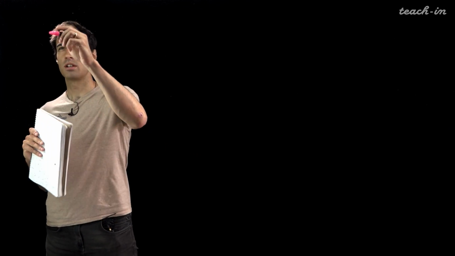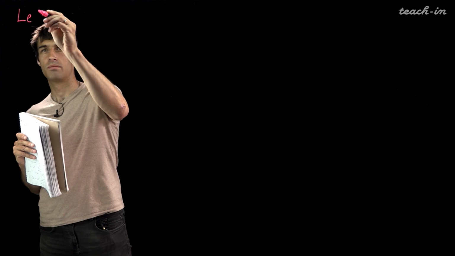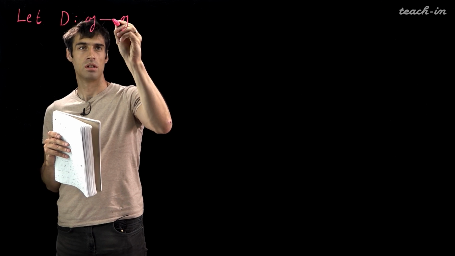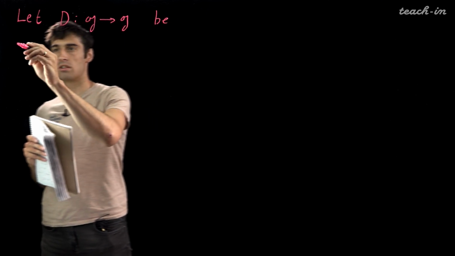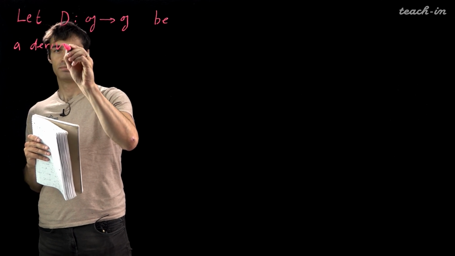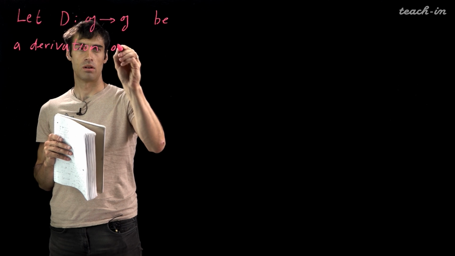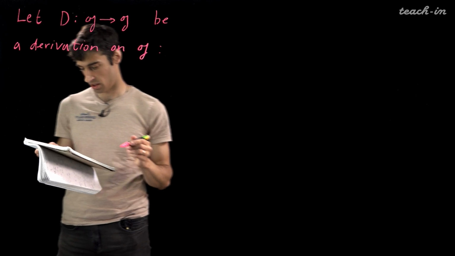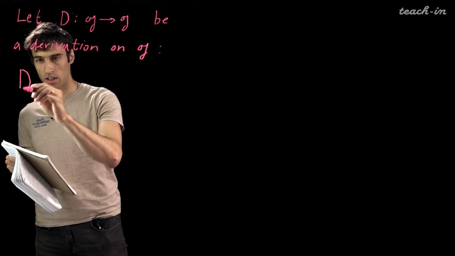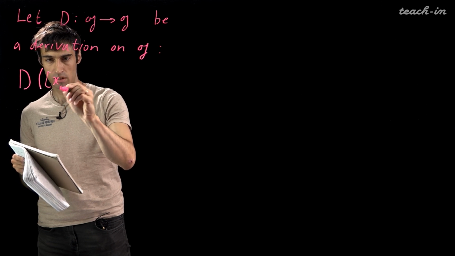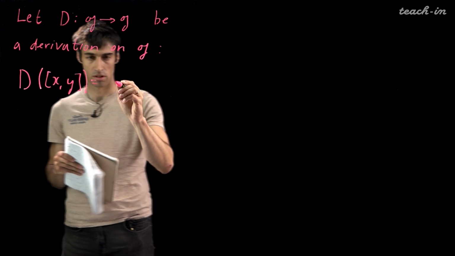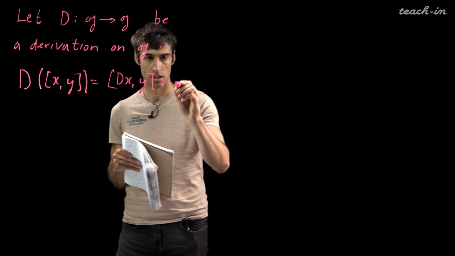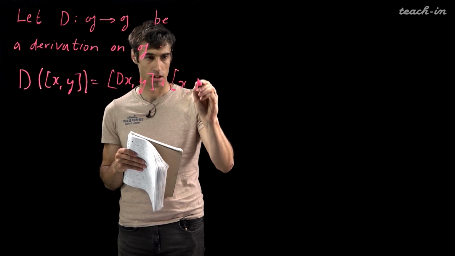So let us fix some derivation on G. So let D, a linear map from G to G, be a derivation on G. It means that it acts on a commutator by the Leibniz rule: D of the commutator of x and y is dx commutator with y plus x commutator with dy.